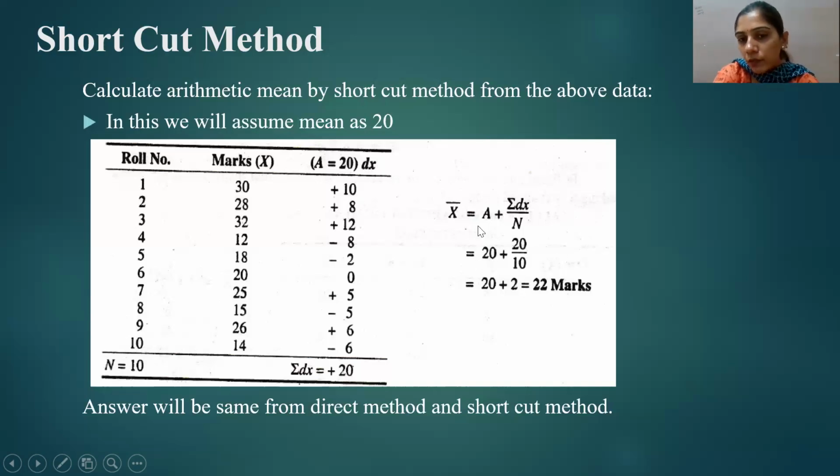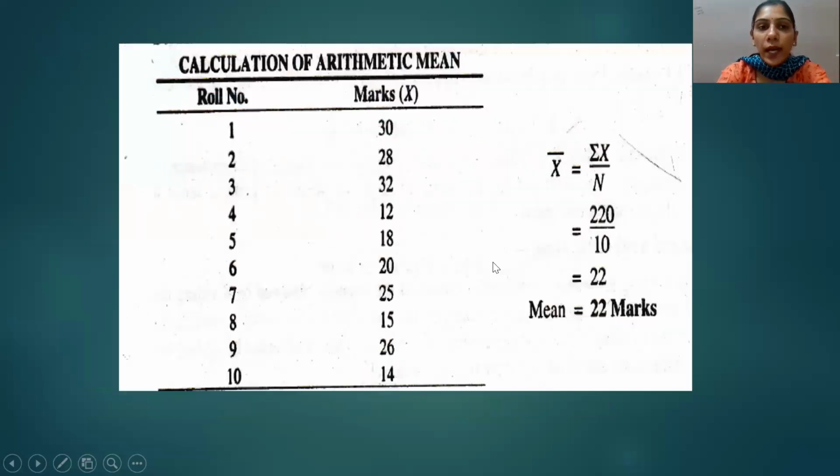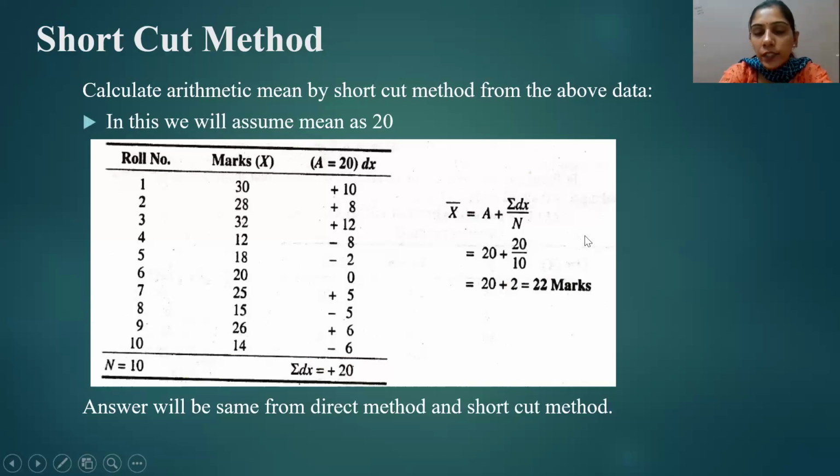Here we have put all the values: 20 plus 20 by 10. After doing the calculation, the average marks is 22. In the previous direct method also, the average mean marks was 22, and with the shortcut method, the average mean marks is also 22.